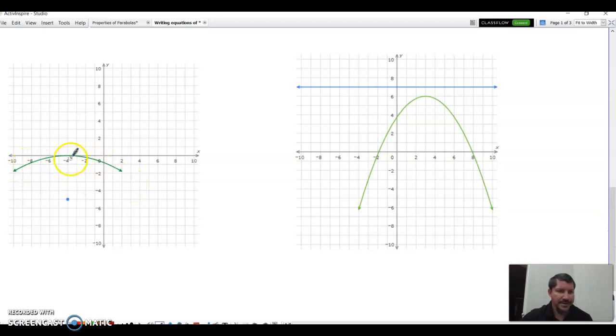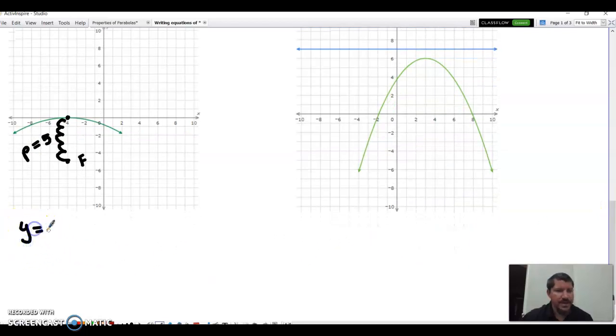Alright, opening up down again. They gave us a focus this time. There's my vertex. So 1, 2, 3, 4, 5. So p is equal to 5 this time.